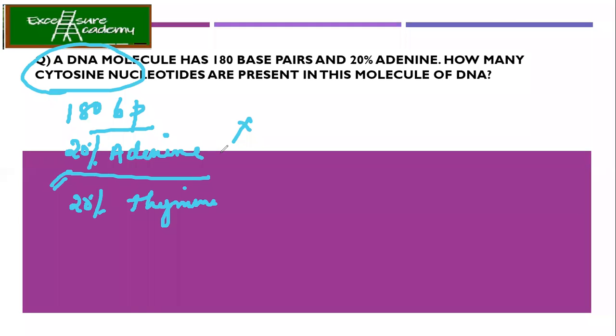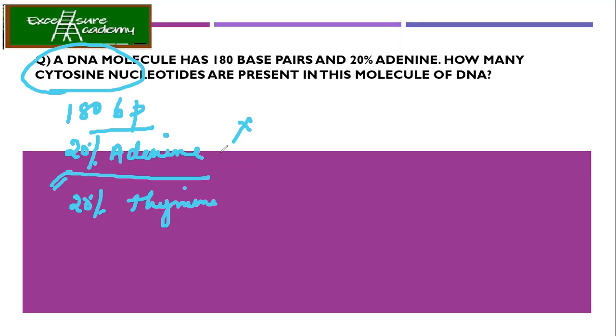So 180 base pair means what? When two bases are connected, it is called one base pair. So 180 base pair means... No, dear, you're just saying the opposite.